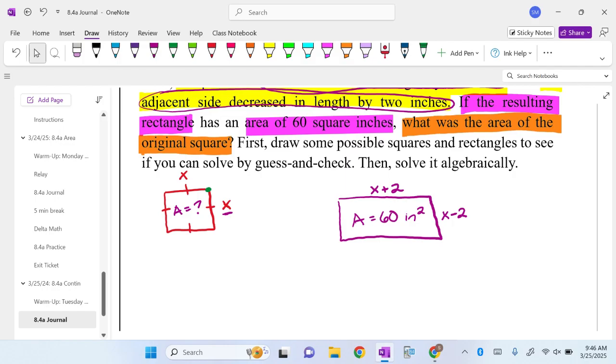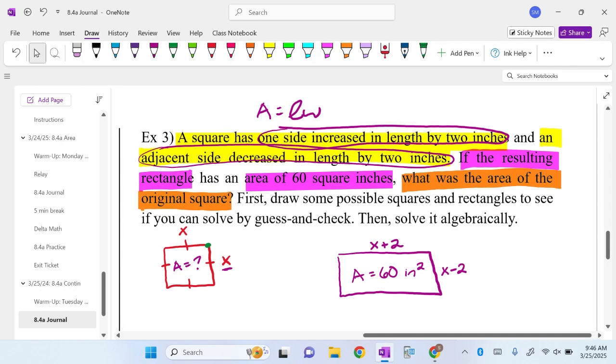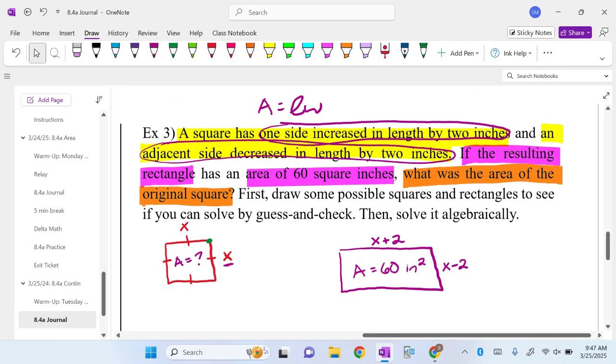Elise. At some point in the process, yes. But what will be my first step? What do you think? Look at the information you're given. Where on this problem would it be beneficial, or do we have enough information to use our area formula? Elise, what do you got?